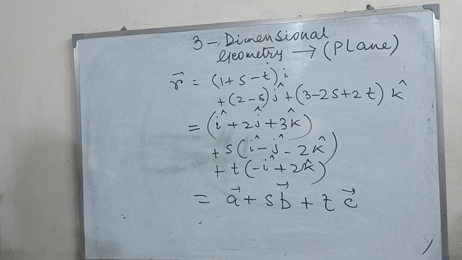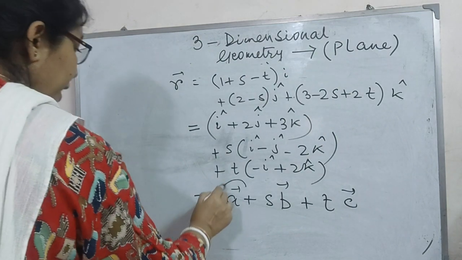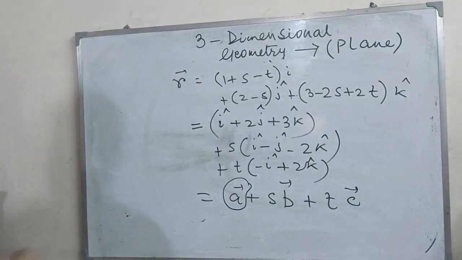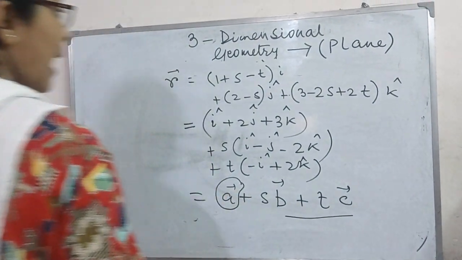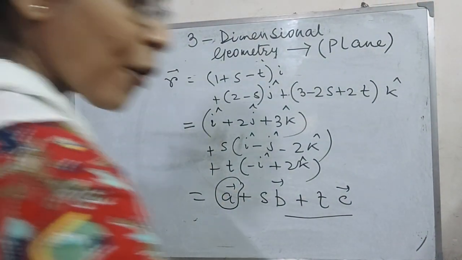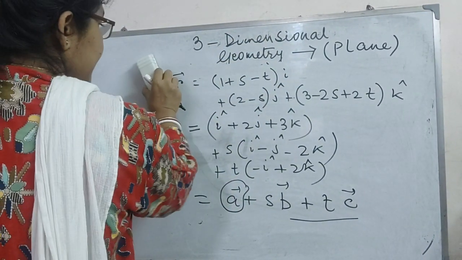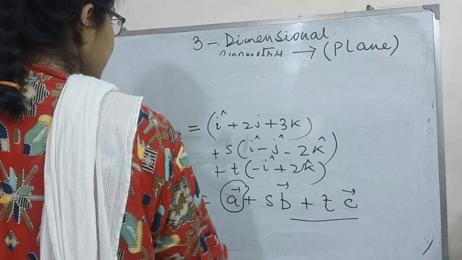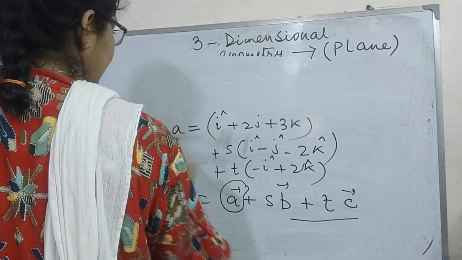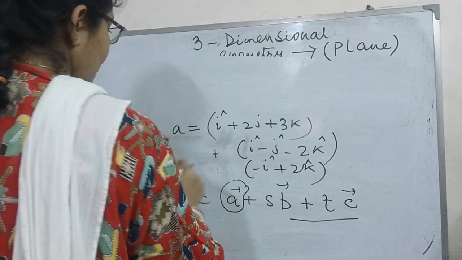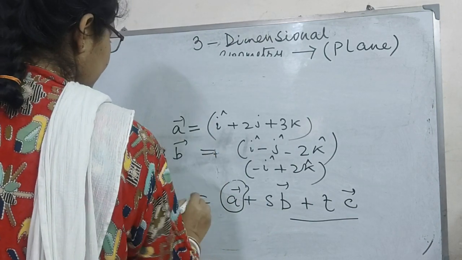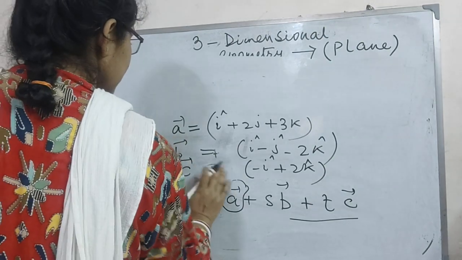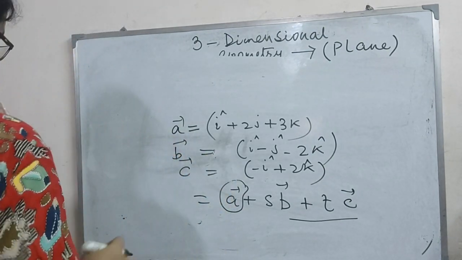This is the general form of the vector equation of a plane which is passing through a point A whose position vector is a and parallel to the vectors b and c. From here I can write this is equal to a, this is equal to b, this is equal to c vector.